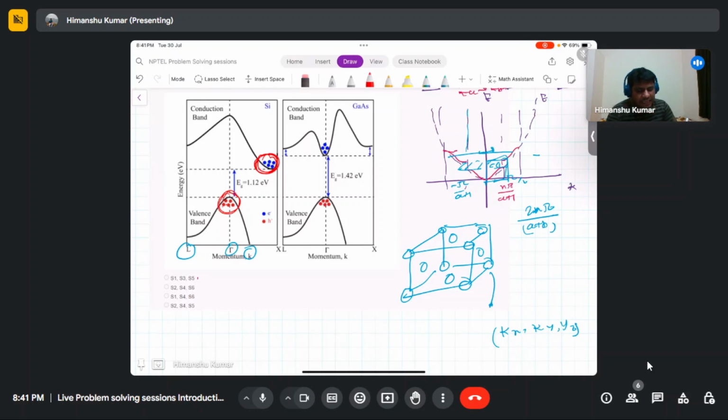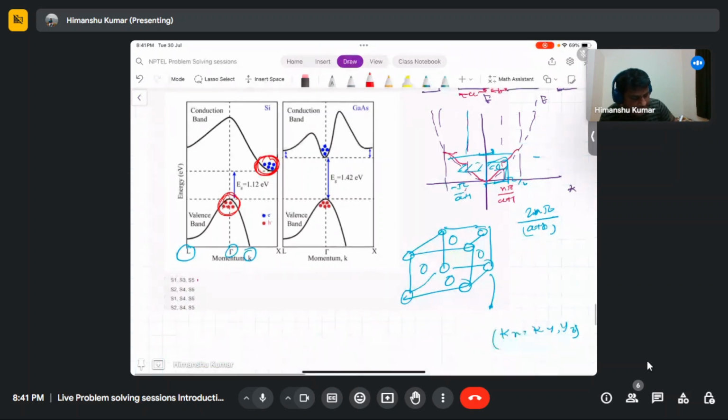But in the case of these two different materials, for silicon you need to change the momentum. The vertical transition will lead to the emission of photons, which have zero rest mass. So this change is only possible by considering the absorption and emission of a photon. The actual picture comes from actual scattering.